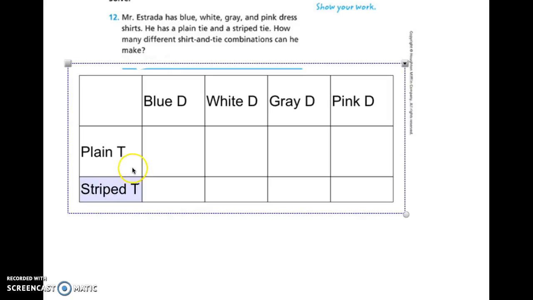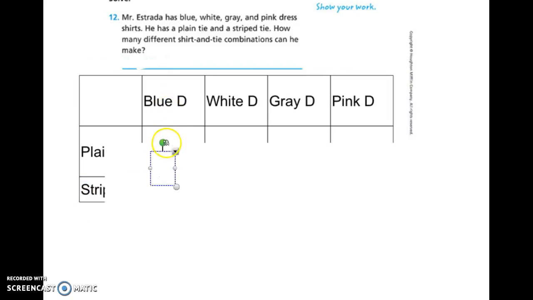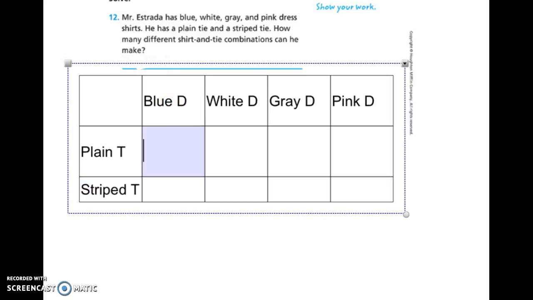All right, so if I was going to actually combine all of these, I would end up saying that he had a blue dress shirt with a plain tie, right? And then I'd say you had a blue dress shirt with a striped tie and a white dress shirt with a plain tie. So I'd fill all of these in.